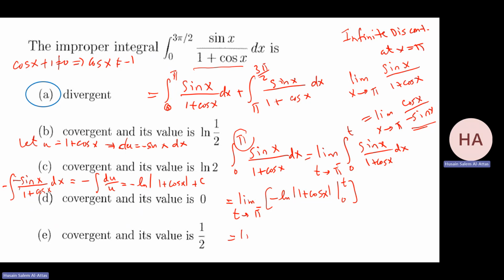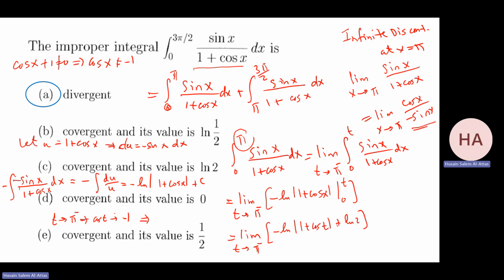That will be the limit where t goes to pi from the left of minus ln of 1 plus cosine t, plus ln of 1 plus cosine 0. Cosine 0 is 1, so plus ln 2. Now, as t goes to pi from the left, cosine t goes to minus 1.